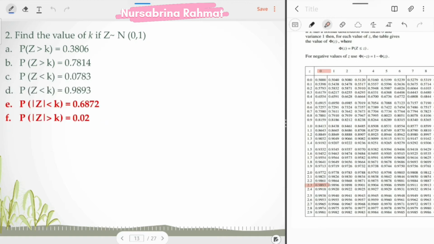Okay, what about if you have a modulus, like question E and F? Okay, so don't panic. We can still solve this one. So we first need to draw a bell curve to get a clearer view.